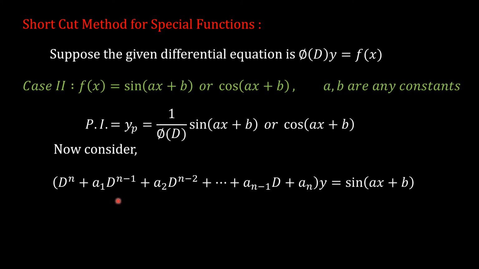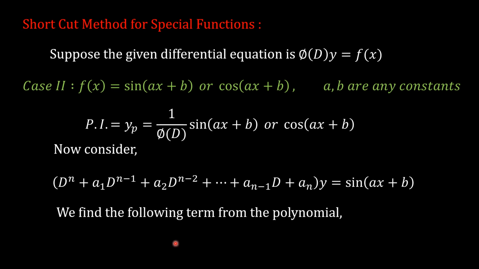Now we are going to evaluate terms from this polynomial, the derivatives for the function sine of ax plus b. So the first order derivative of sine of ax plus b is equal to a into cos of ax plus b.